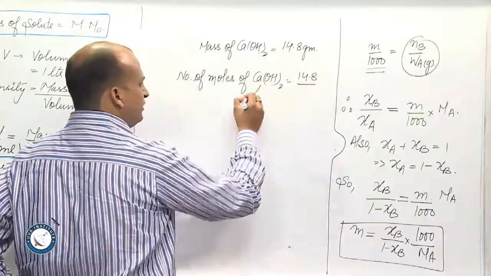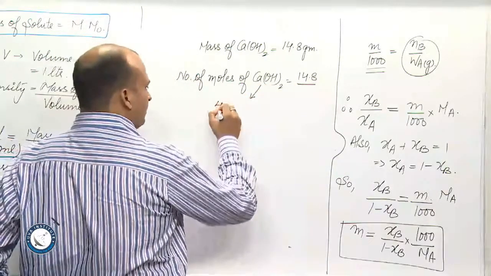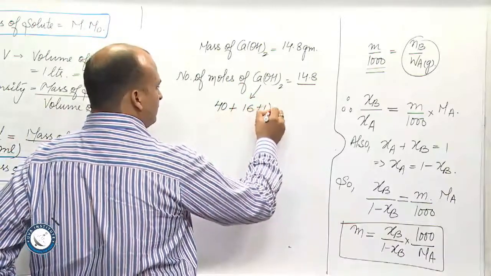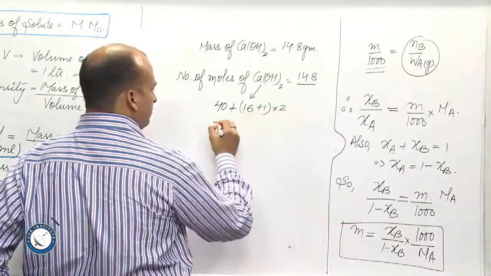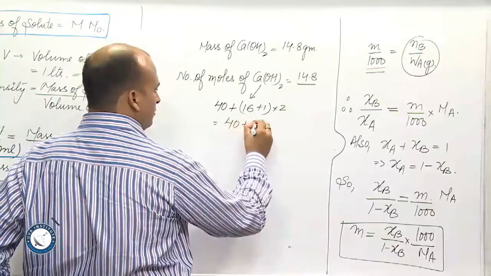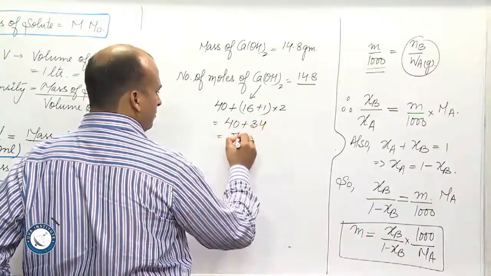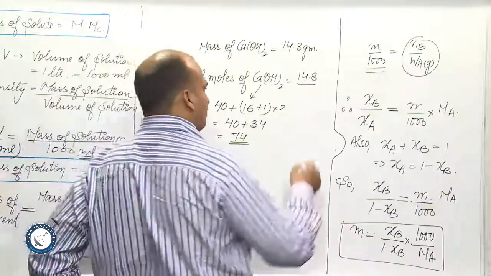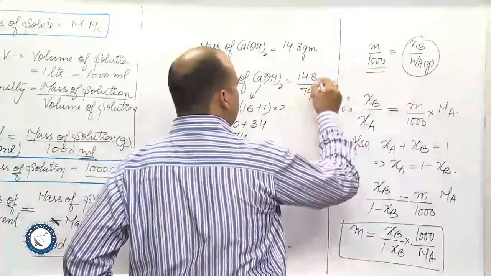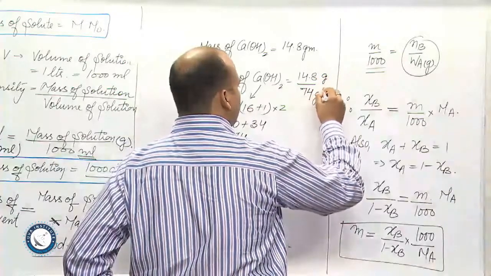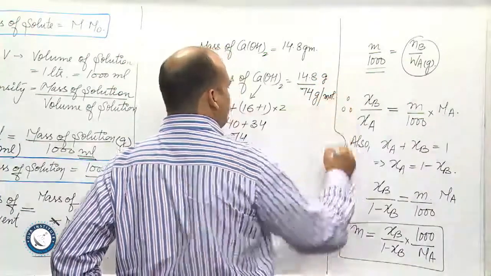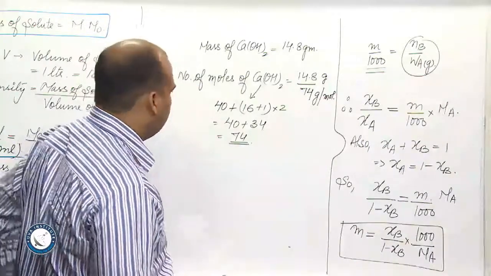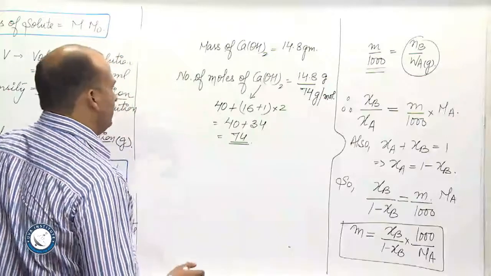What is the molar mass of Ca(OH)2? 40 is for calcium, 16 is for oxygen, 1 is for hydrogen into 2. So this is 74. So you get 14.8 divided by 74, gram per mole. Okay, so your answer is coming out to be the number of moles.